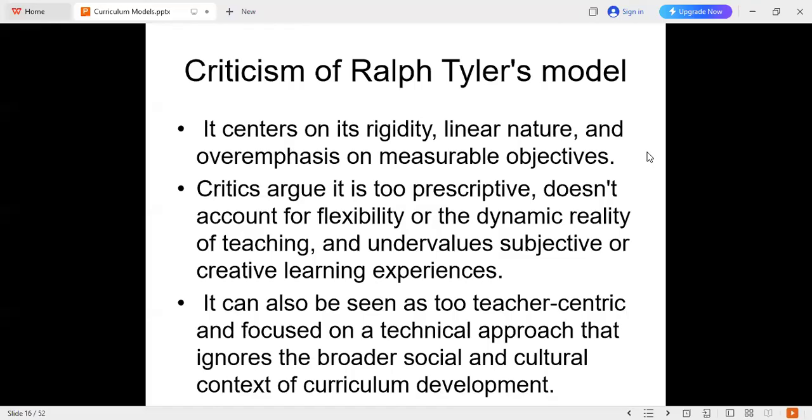He focuses on measurable objectives. That is one problem. Critics argue it is too prescriptive, doesn't account for flexibility or the dynamic reality of teaching, and undervalues subjective or creative learning experiences.